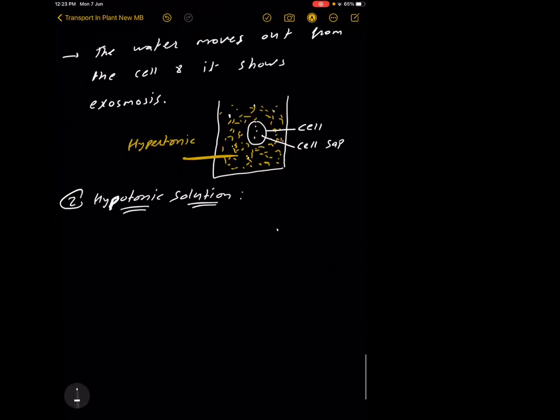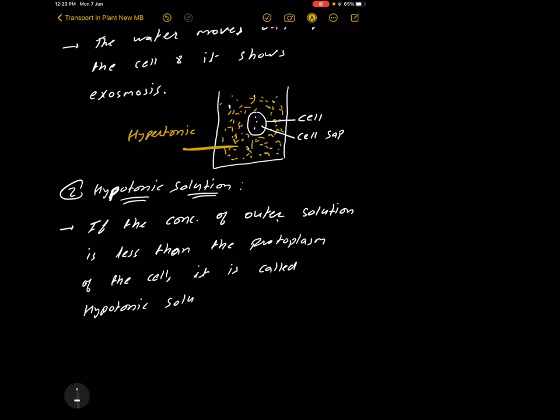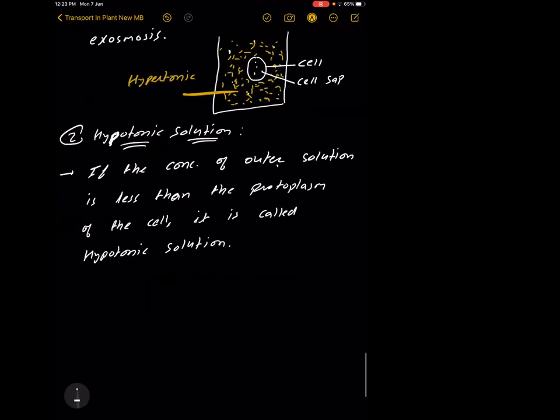Now hypotonic solution. If the concentration of the outer solution is less than the protoplasm of the cell, the outer solution is called a hypotonic solution.